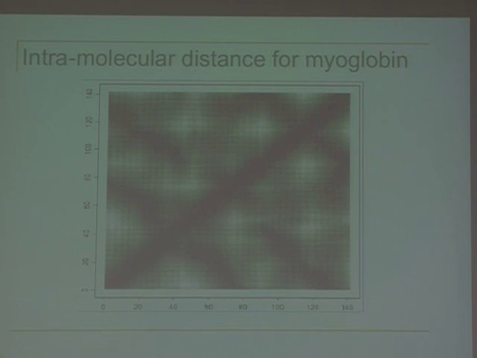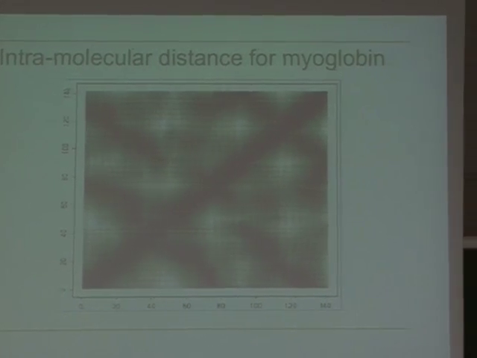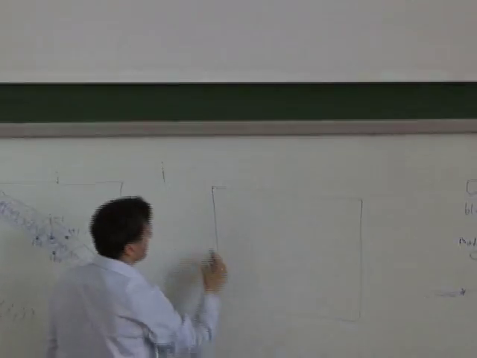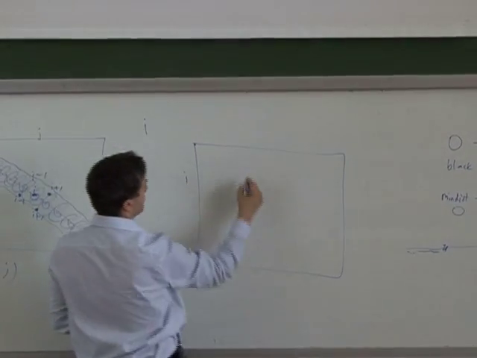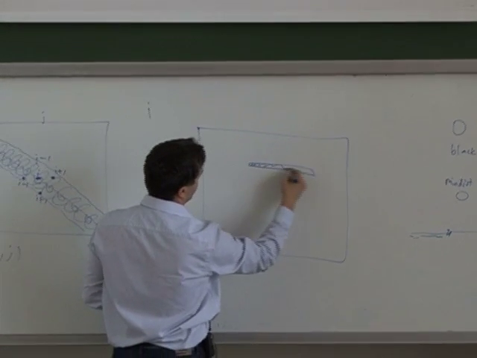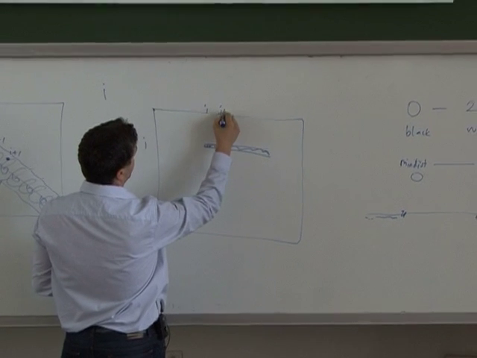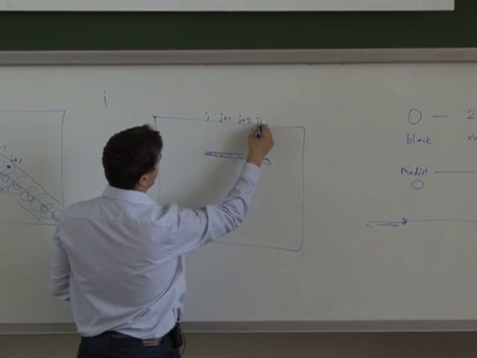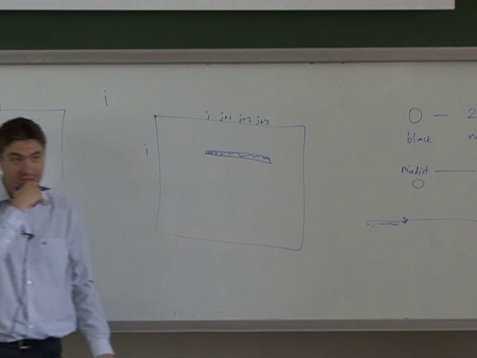In terms of distance matrices, we have, for example, the ith amino acid. So we have this black region here, J plus 1, J plus 2, J plus 3, and it goes something like that.